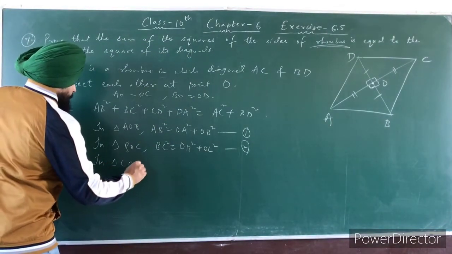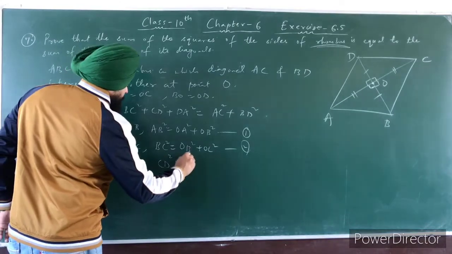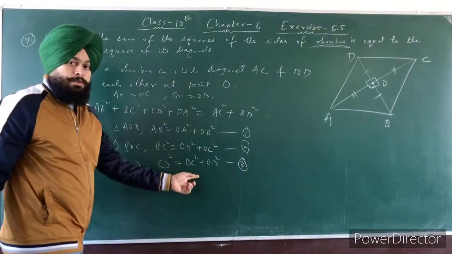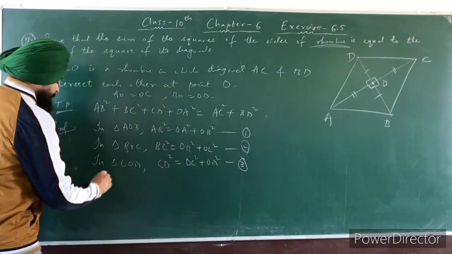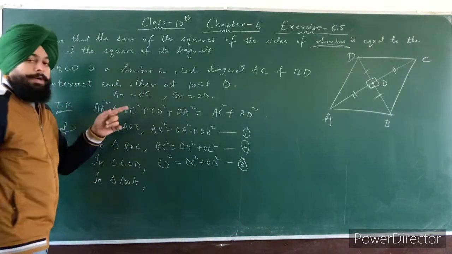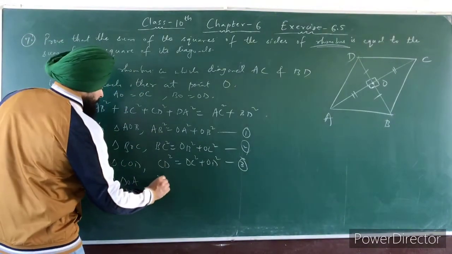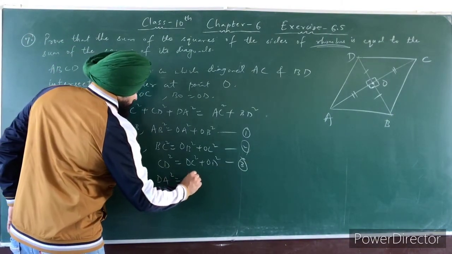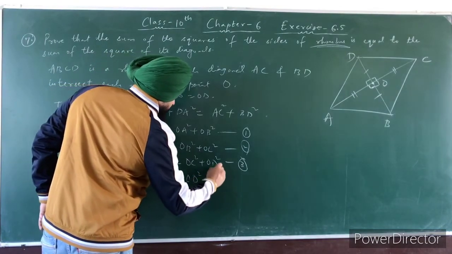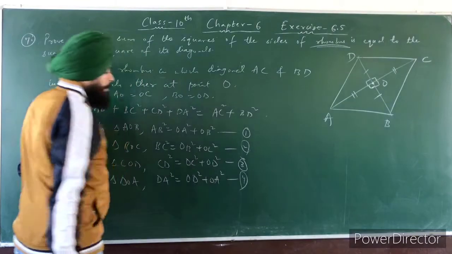In triangle COD, hypotenuse CD. So CD square is equal to OC square plus OD square. This is equation number 3. And the last triangle DOA. In triangle DOA, hypotenuse is DA, so DA square is equal to OD square plus OA square. This is equation number 4.